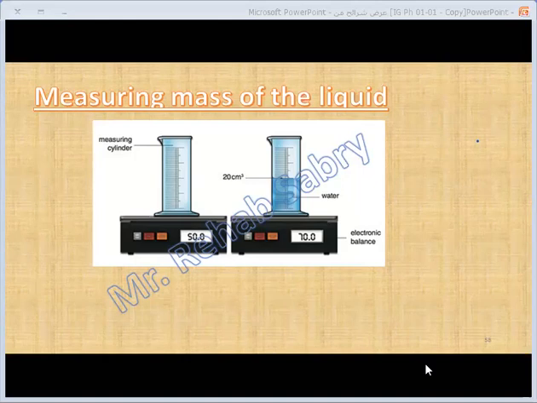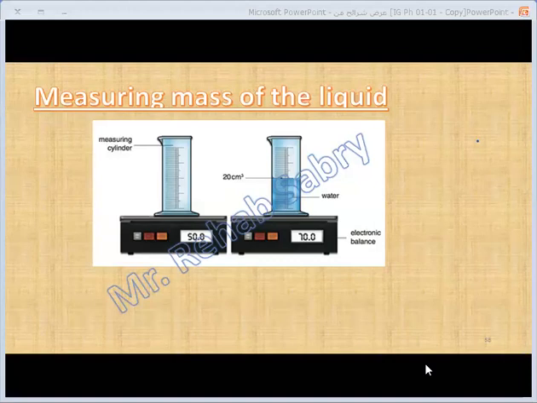This standardization changes the scale to read masses directly. We have another kind of balance called a Newtonometer or Newton meter. This measures the weight directly. You get the idea?